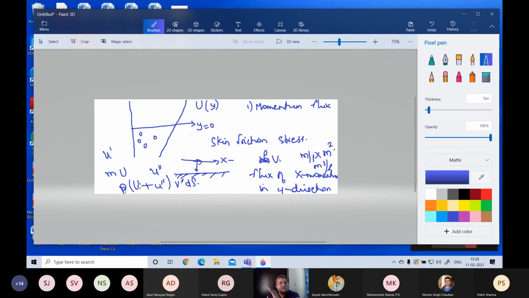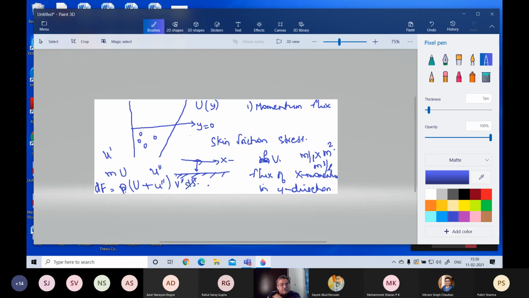And this flux in the y direction is what you call stress, really, or force. Force is this; stress is this divided by unit area. So this is rho into u plus u double prime into v double prime dS, the force dF in the y direction, and that is divided by this area.